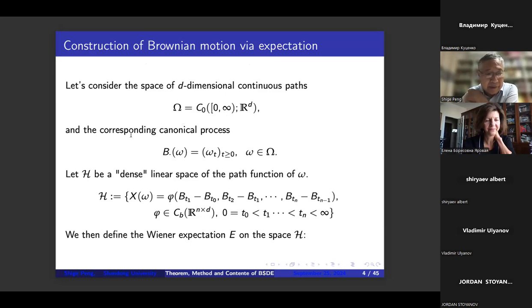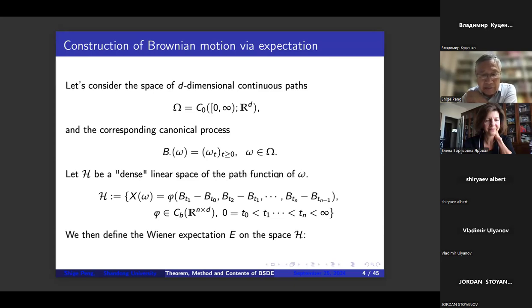And the corresponding canonical process is given. We have all paths to be the set omega, and let H be a dense linear space of path functions of omega.